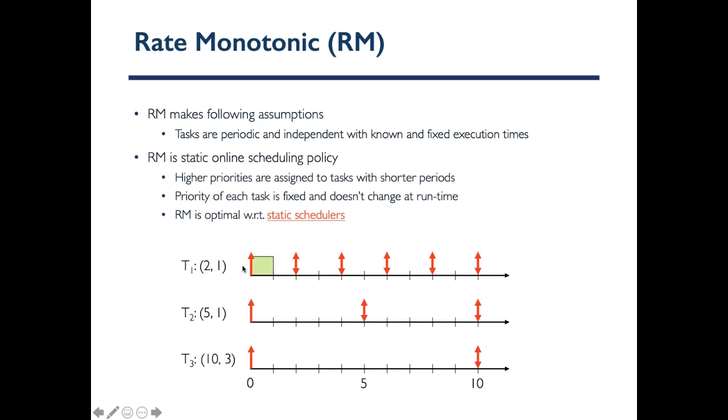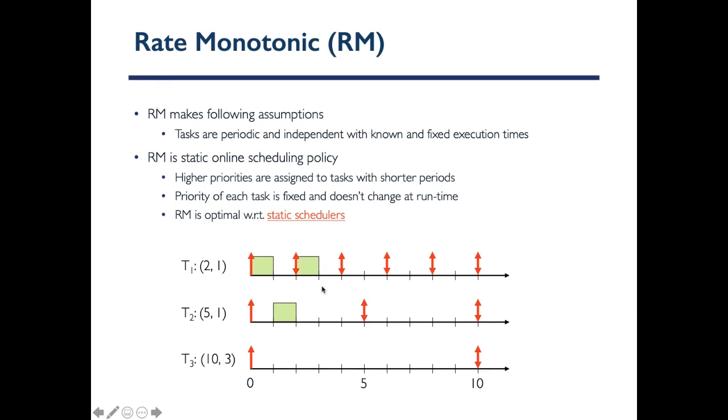Now let's look at it. At this point, T1 has a job. Because it has the highest priority, we run T1's job. Then T2's job has the highest priority, so we run it. At this point, T1 has another job, and T3 has a job. Between T1 and T3, we choose T1 because it has the highest priority.